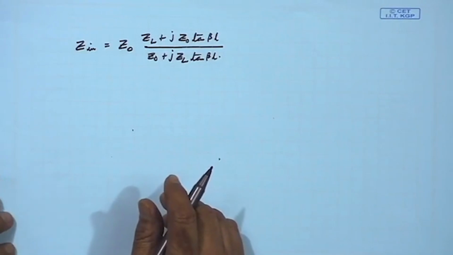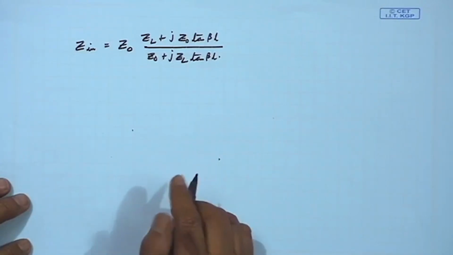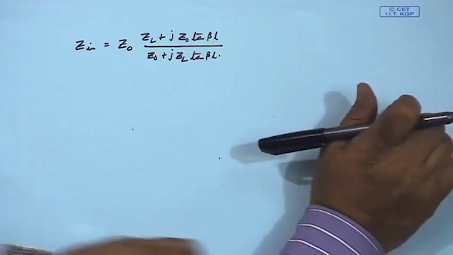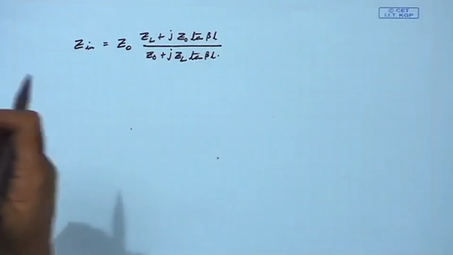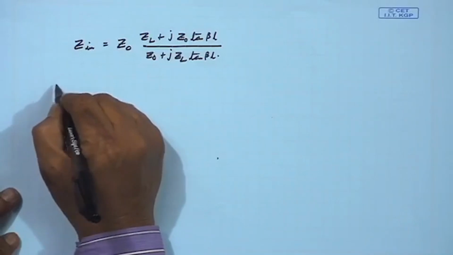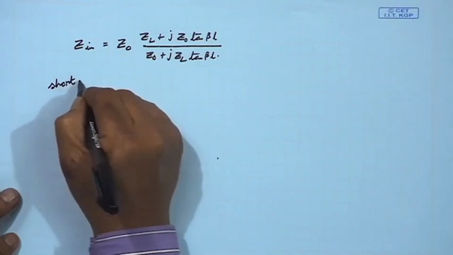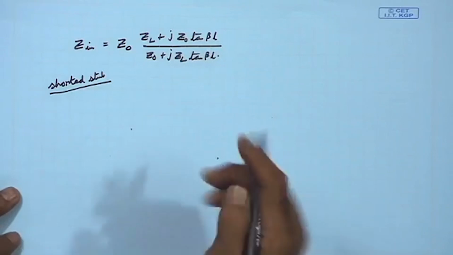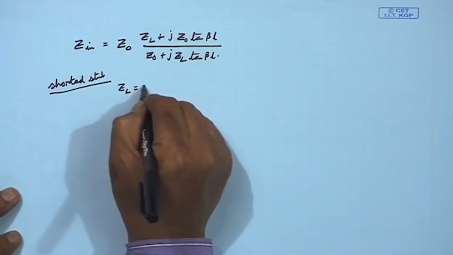Now, we implement an inductor by a short circuited stub of electrical length beta L, and we implement a capacitor by an open circuited stub of electrical length beta L. Let us see those two, first the shorted stub. Shorted means the load side we short, that means Z L is equal to 0.